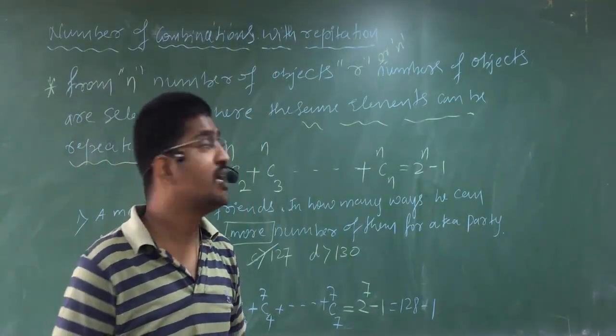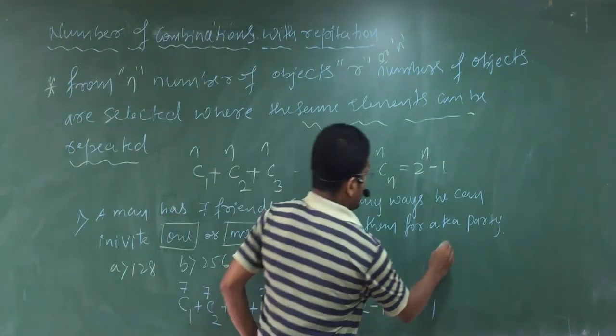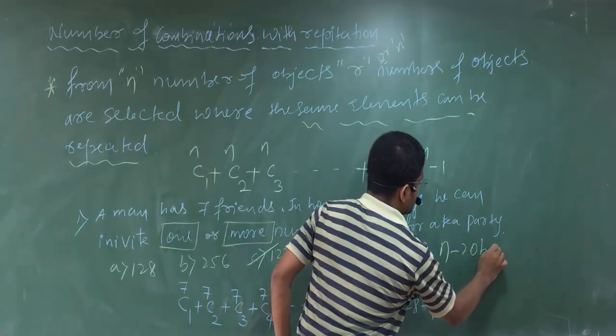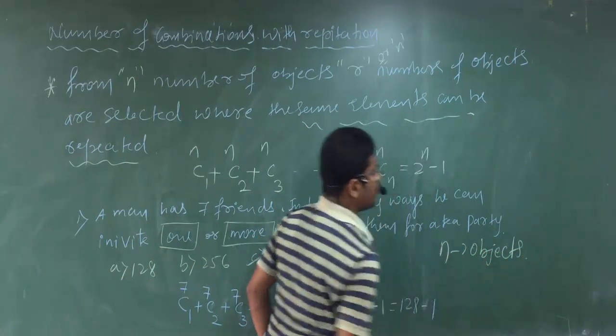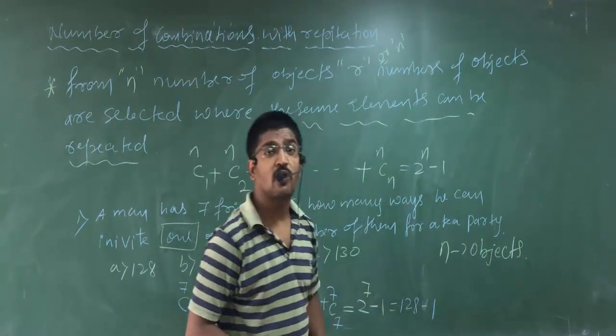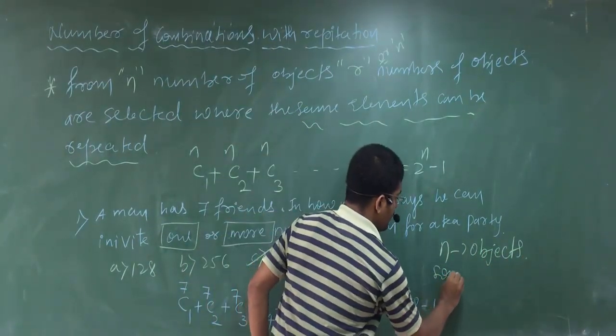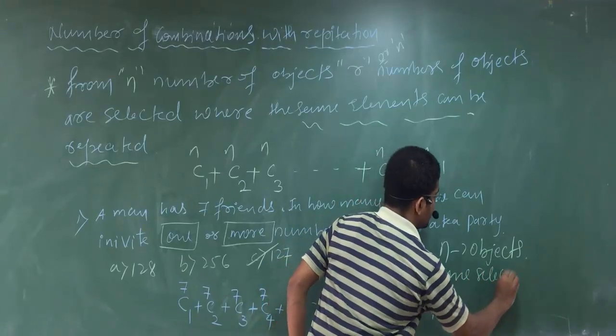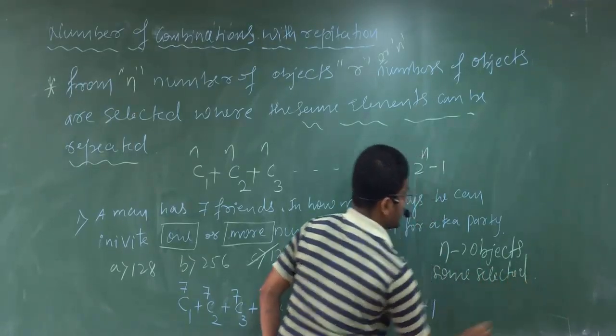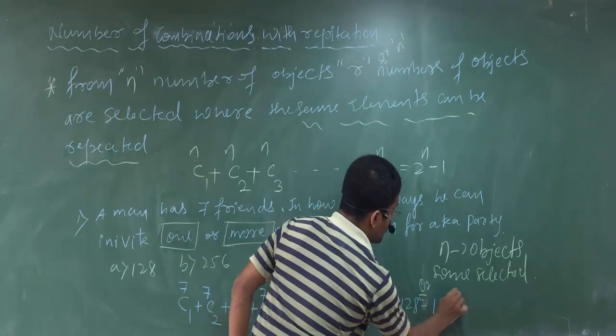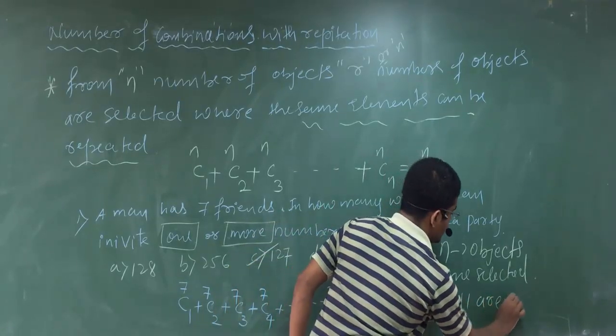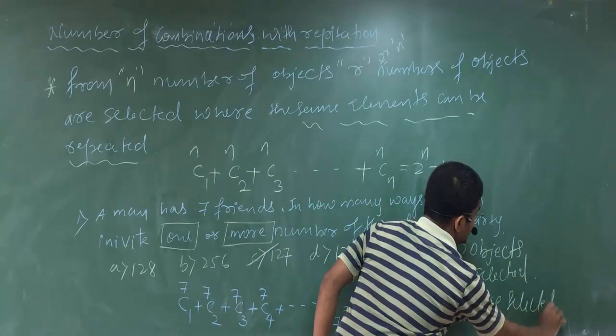Are you getting my point? There are n objects. From these n objects, some are selected or all are selected.